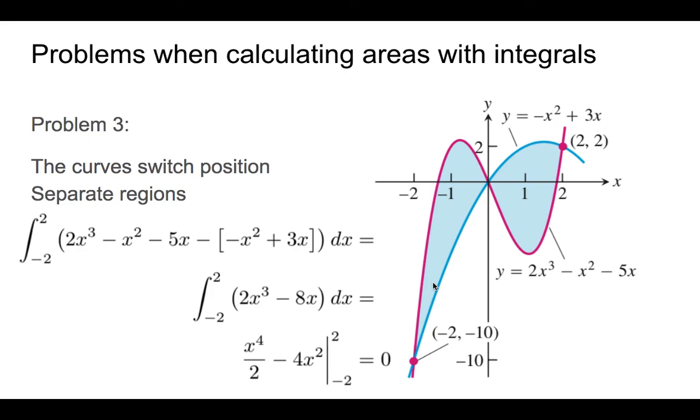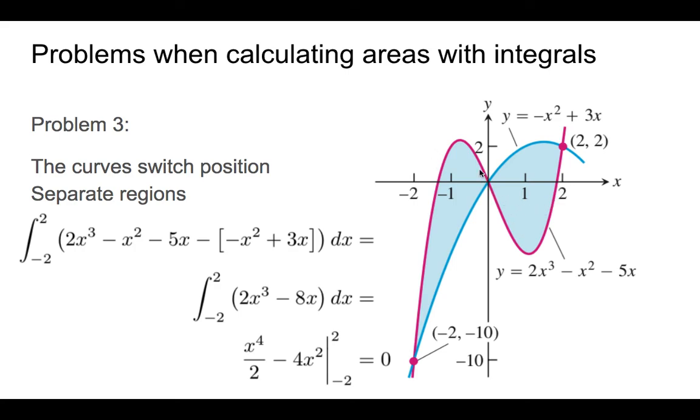And in this case, getting 0 is a good thing because you immediately notice that something's wrong. You clearly see that this area, you don't know what it is, but it's not 0. So there must be something that we did wrong. And if you hadn't gotten the 0, then maybe you would have thought that this was okay, but it's not. And it's not okay because of this switching of positions.